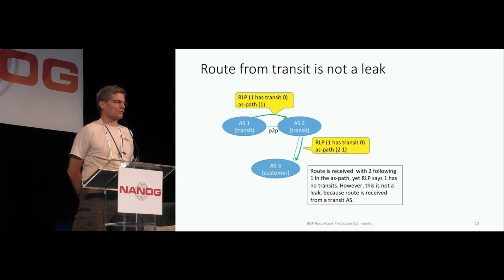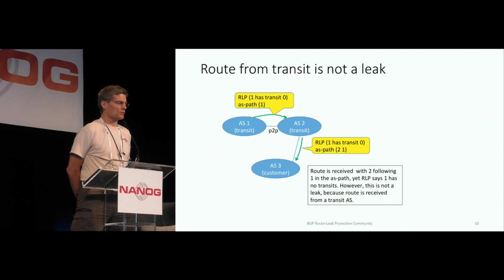Okay, here is one that could be seen as a leak. Here we say AS1, I don't have any transits. He sends that to his peer, but his peer sends the route to the customer.